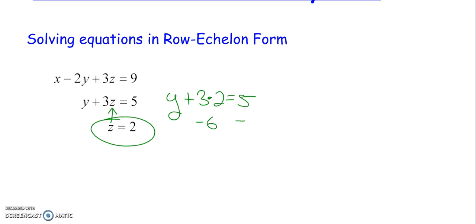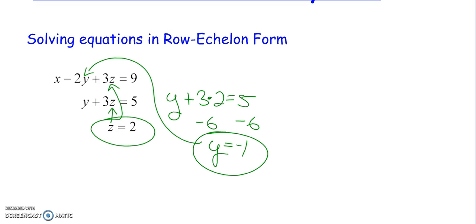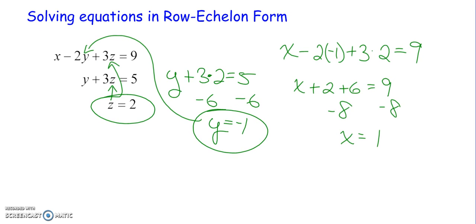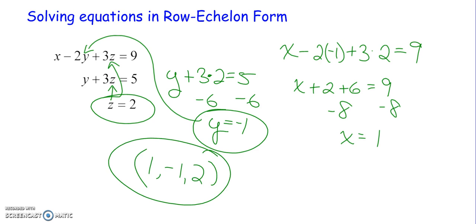And again, this is going to be an easy equation to solve. y now has to equal -1, so now I have 2 important pieces of information that I can substitute into the top equation, and it would read x minus 2 times -1 plus 3 times 2 (remember, z is equal to 2) equals 9, so this is going to be x plus 2 plus 6 equals 9, so I'm going to subtract 8 from both sides. x is going to equal 1, and now I have my final solution. 1, -1, 2 is the solution to this multivariable linear system.